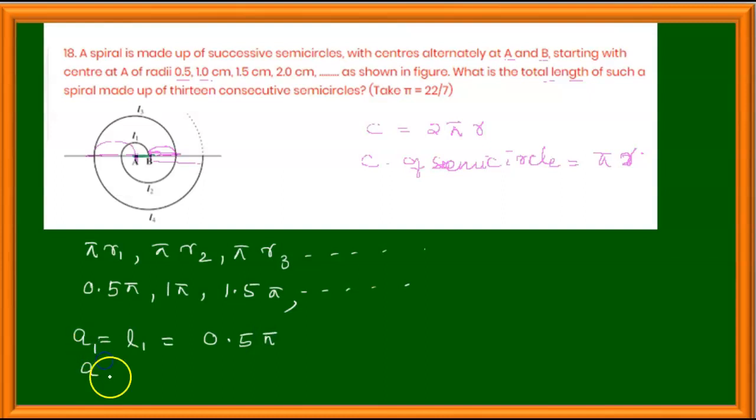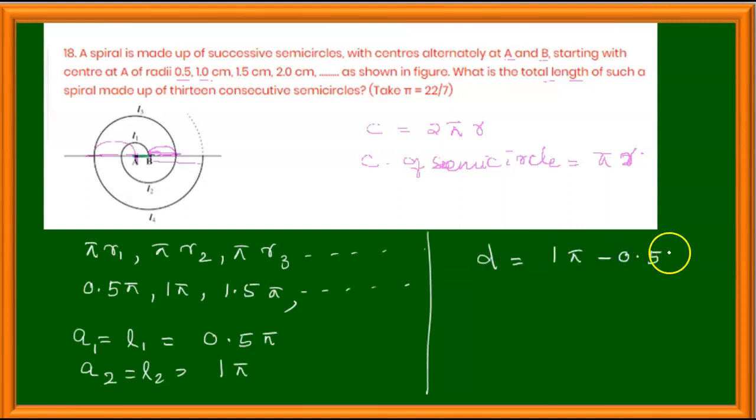A2, that means L2, we got as 1 pi. So D we can calculate: D is equal to 1 pi minus 0.5 pi, that means 0.5 pi. Understood or not this part?